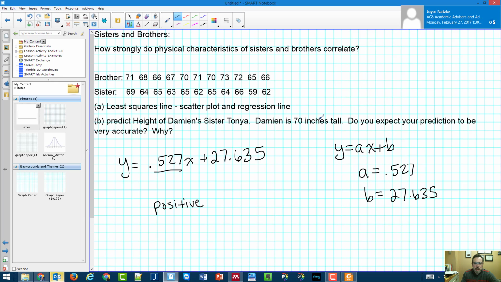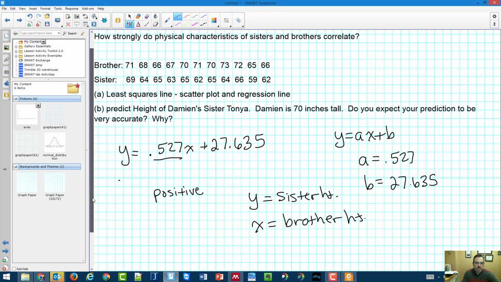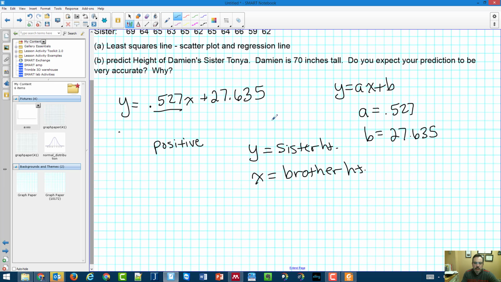All right, Damien is 70 inches tall. So I have to remember in here that y was always my sister height and x was my brother height. So in order for me to do a prediction, I need to know how tall the brother was and simply plug that in.